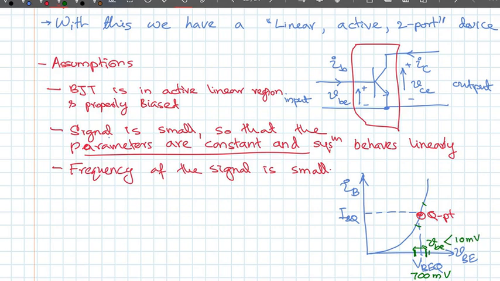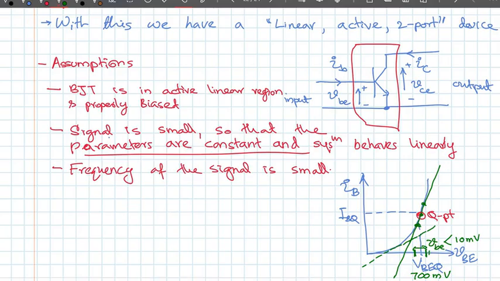You can see in this region, if you take the slope of this curve at this particular point, whether it is at this point or this point or this point, it remains roughly the same, though in general it changes with the point.